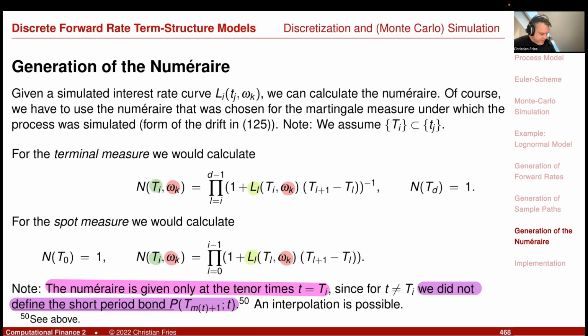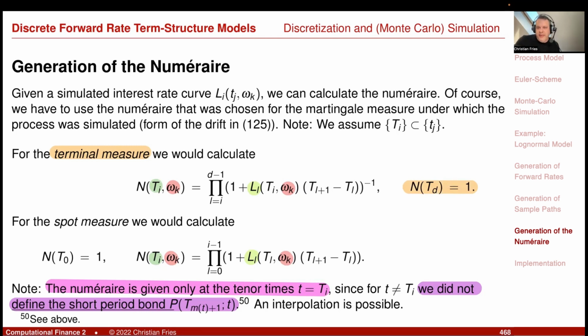Okay, for the terminal measure, I had a terminal condition. So my numeraire is the bond that is equal to 1 at the final time. So in capital T D, this numeraire is 1. And then I can discount with my forward rate.